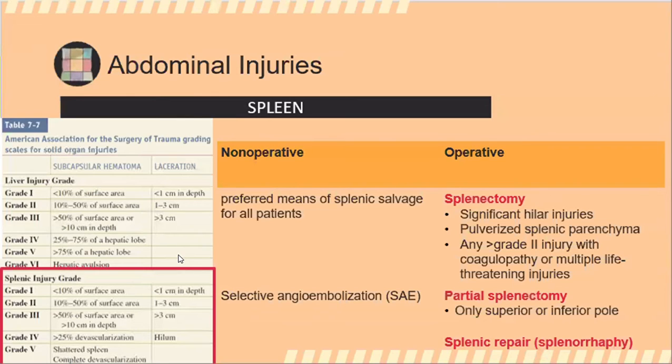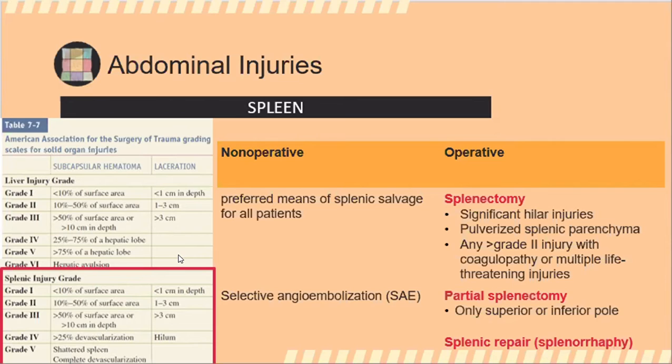So for splenectomy patients, kailangan after 2 weeks, kailangan silang mabigyan ng vaccine and ng pneumococcal because these patients are at high risk for OPSI, overwhelming post-splenectomy infections, because di ba yung gamit ng spleen natin is they're part of your immune response for capsulated bacteria.